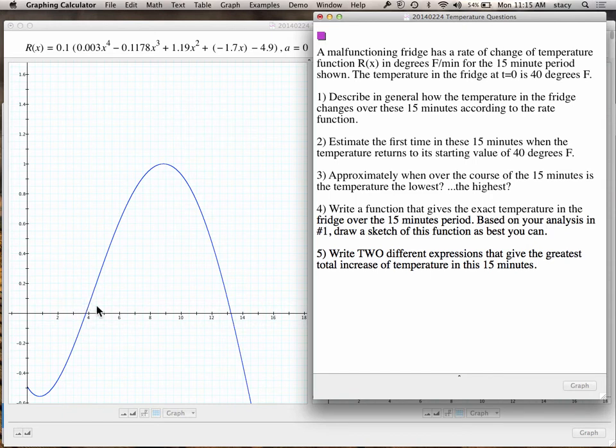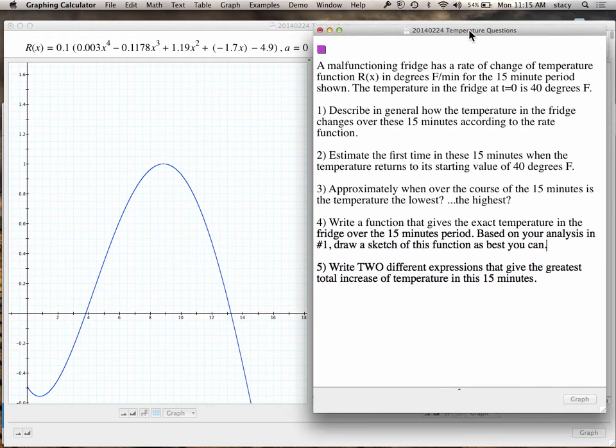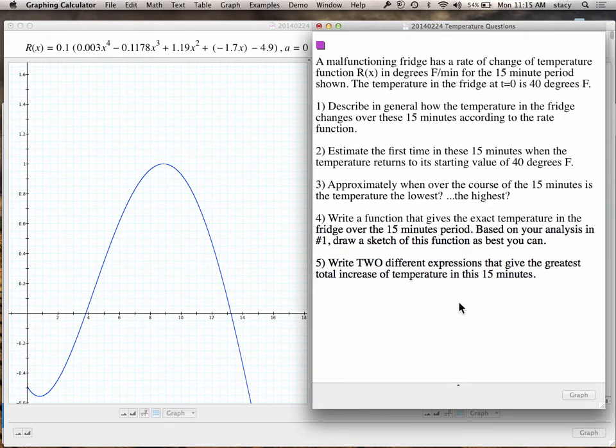So it's the 2, 4, 6, 8, 10. Yes. That's what we're trying to figure out, right?